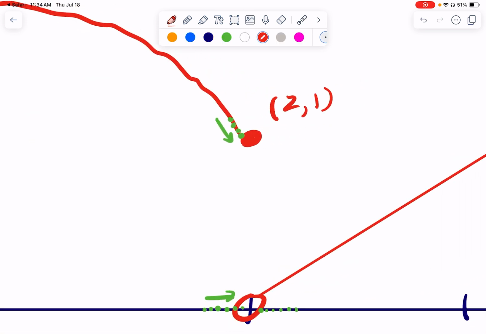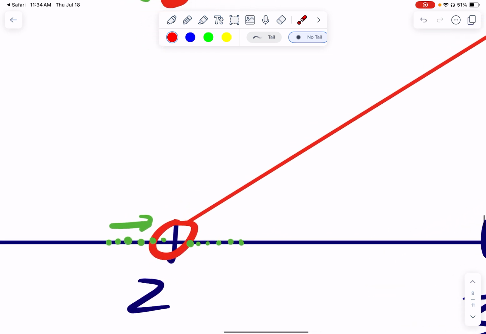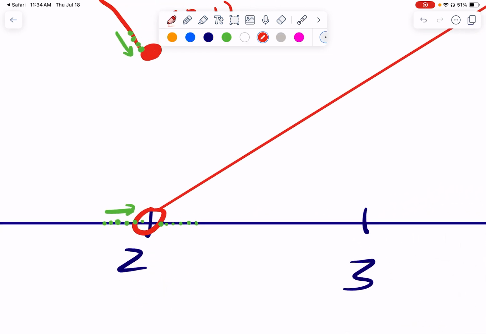So on the one hand, we see a pattern that says as x is getting close to 2, y is getting close to 1, which would mean the limit is 1. But wait a second, if we look over here, at the values slightly bigger than x equals 2, here's where they're located on the graph.